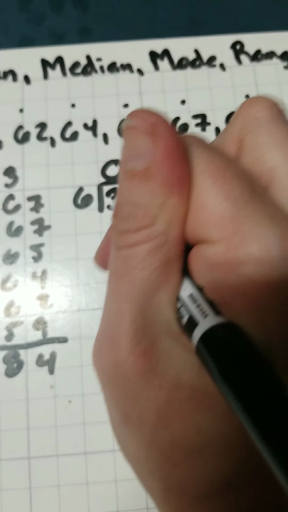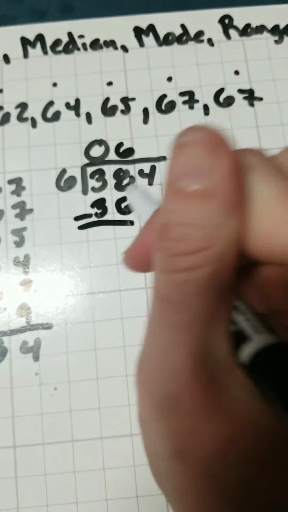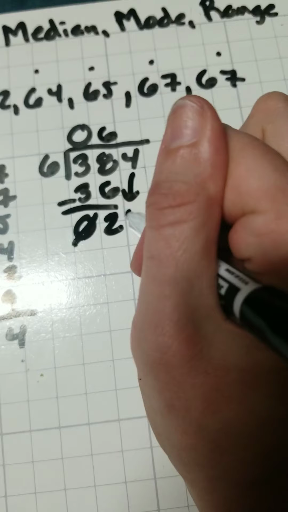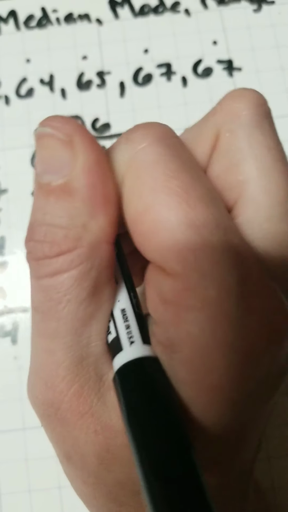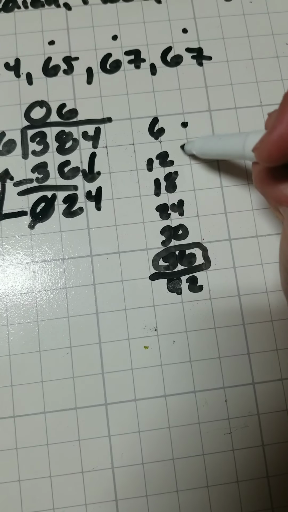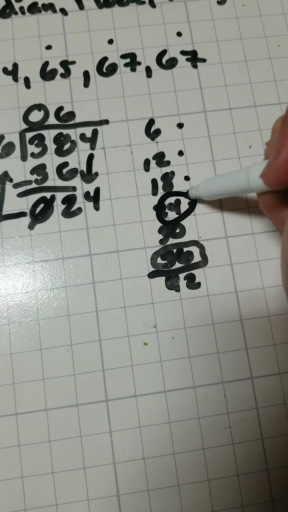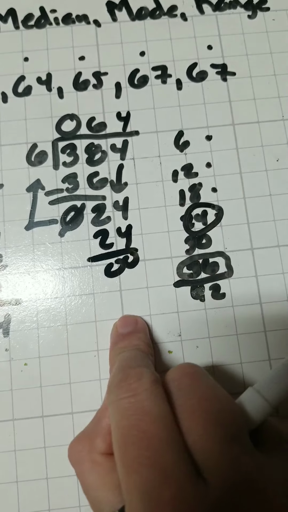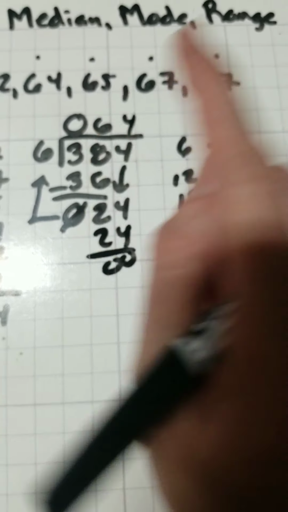If I have 6 groups of 6, I have 36. 8 minus 6 is 2. 3 minus 3 is 0. Bring down the 4. If I have 24, how many groups of 6 can I make? I can make 4 groups of 6, which is 24, which leaves me with nothing. So my mean of this set of data is 64.